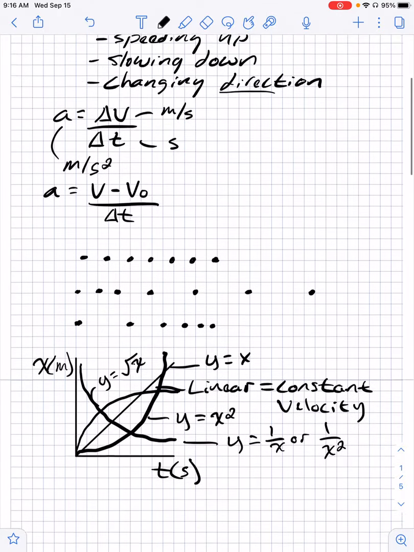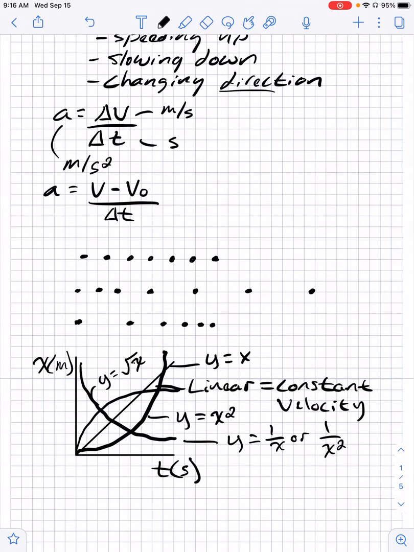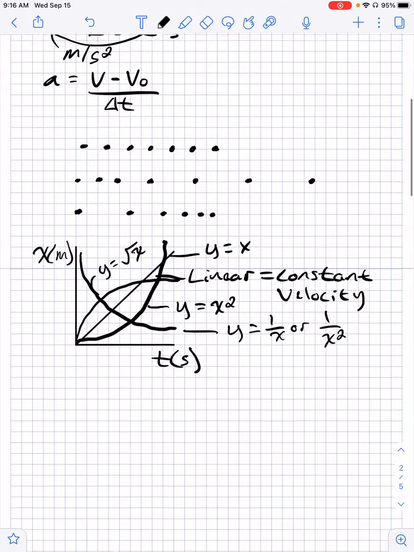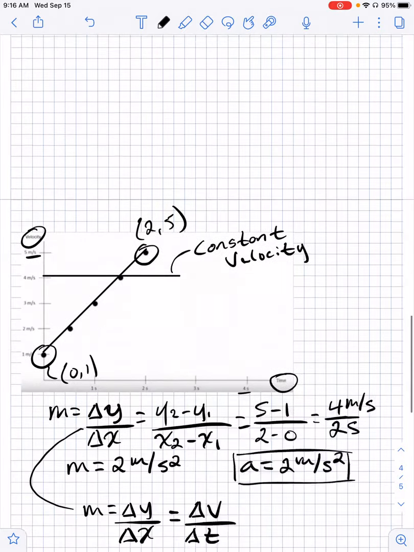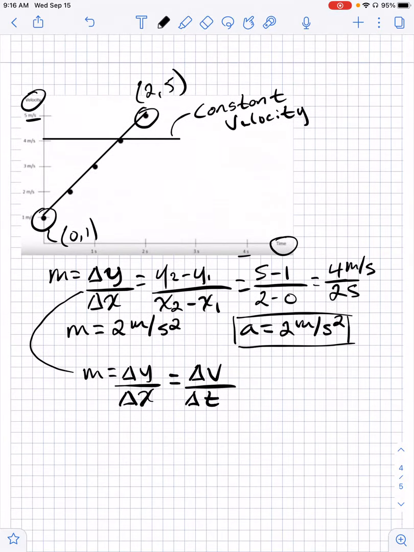And going back up here, that was my equation for acceleration. So finding the slope of a velocity time graph will tell me what the object's acceleration is. And so that's why if we look at the slope of the earlier constant-velocity line, it's zero, so you have zero acceleration.